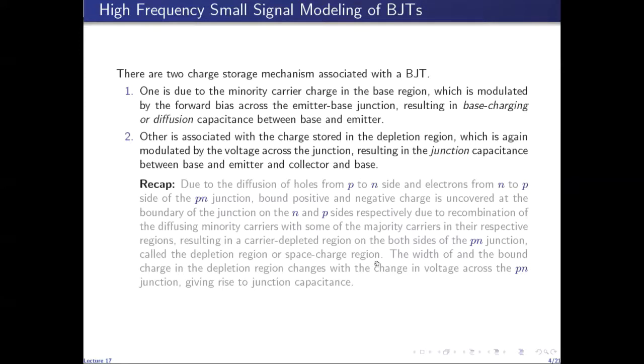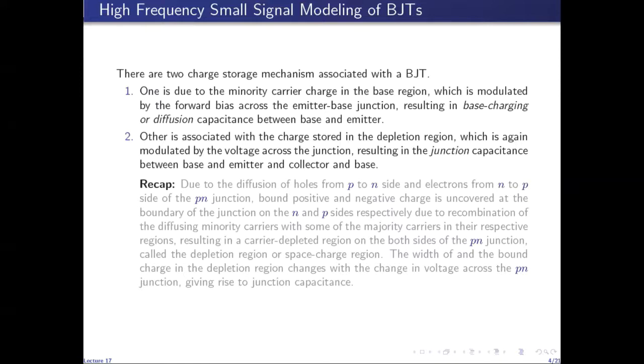So this space charge region stores bound positive charge on the N side and bound negative charge on the P side. The amount of charge as well as the width of the depletion region is a function of the voltage across the PN junction. So the amount of charge modulates with the change in voltage.